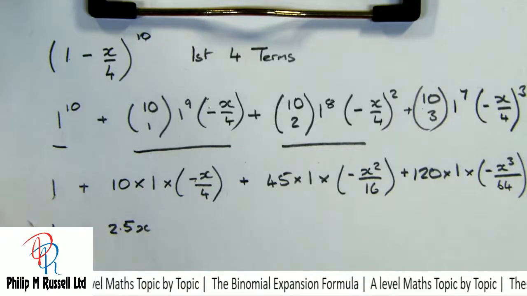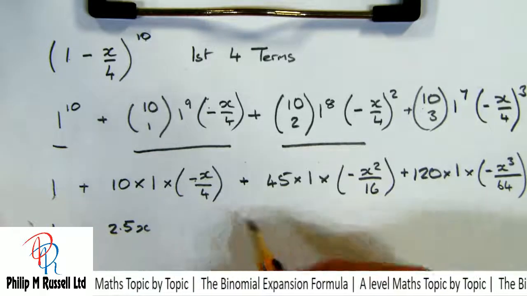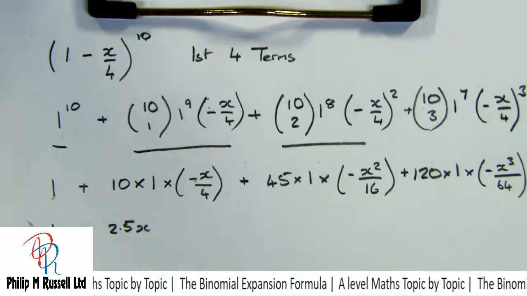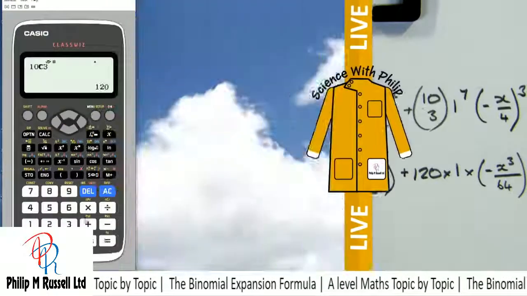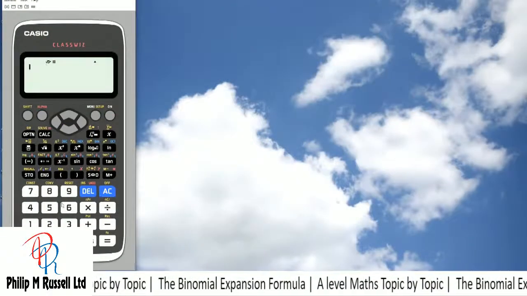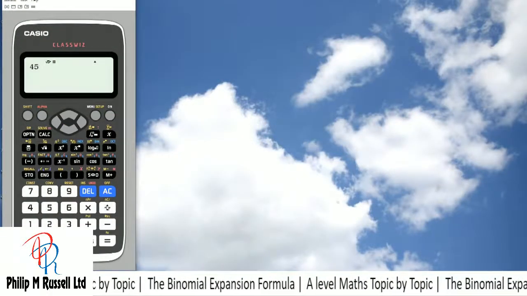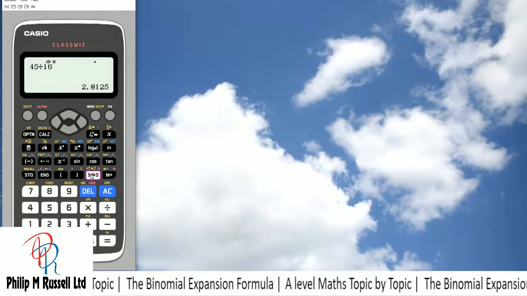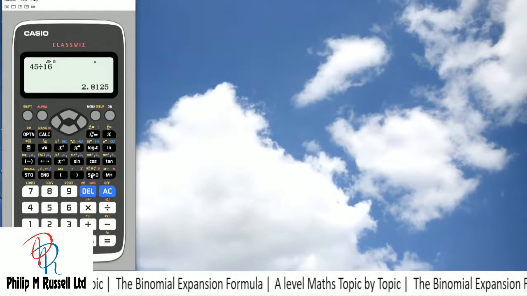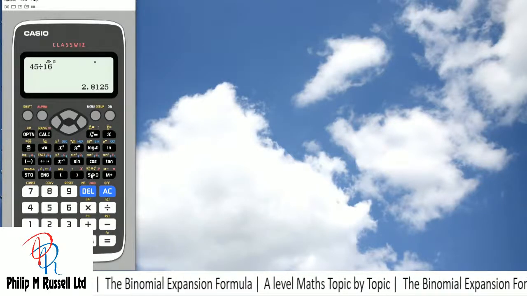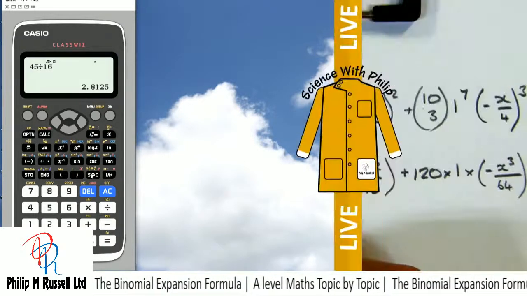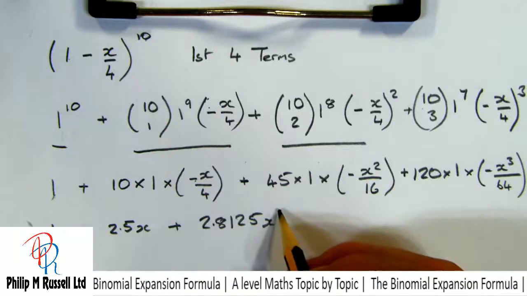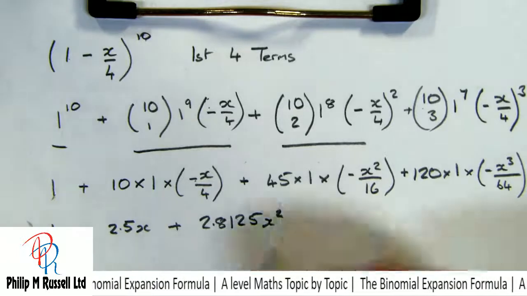Now I've got to try and work out the next one, which is basically going to be 45 divided by 16, which is going to give me plus 2.8125 x, this time squared.